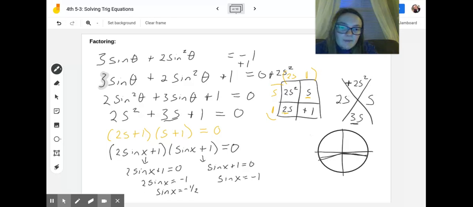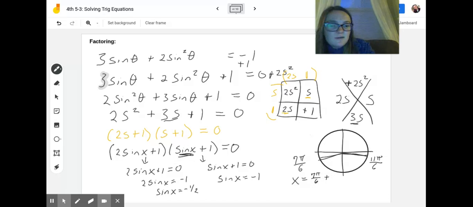So it's going to happen at 7 pi over 6, and it's going to happen at 11 pi over 6. So generically, we can say x is going to equal 7 pi over 6 plus the period of sine, which is 2 pi n. And it's also going to be 11 pi over 6 plus 2 pi n.